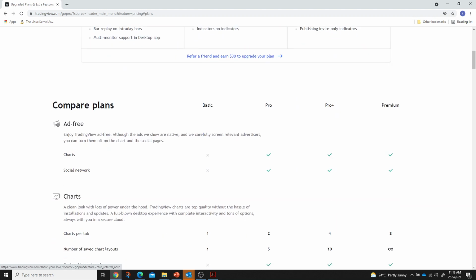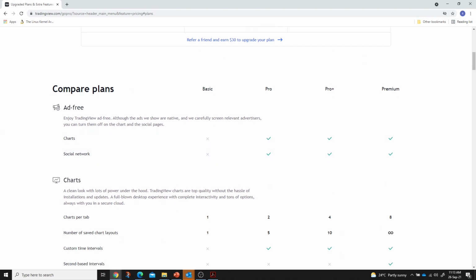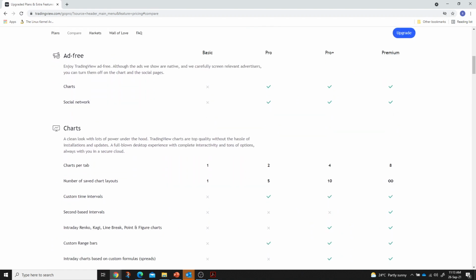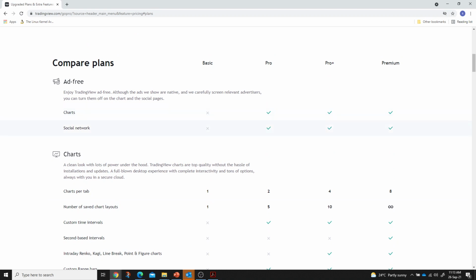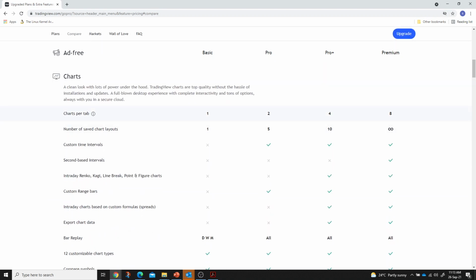So for me, why I say basic is enough is, if you see, there are some ads, which is okay. Then charts, I can use one chart per tab. If you look at the others, you can select as many charts as possible per tab, but I'm okay with one chart. For premium, you'll get 8. You can save layouts.